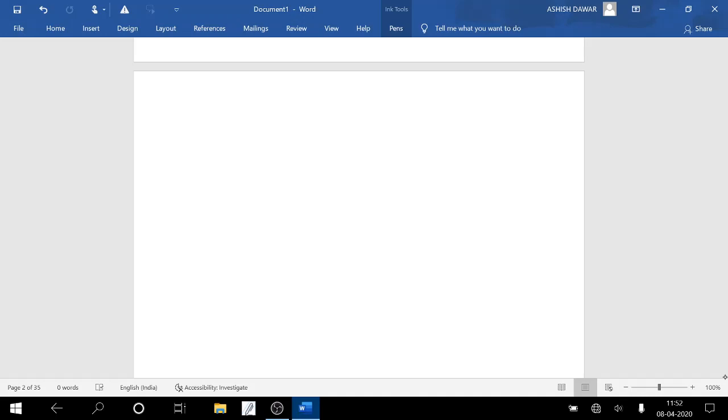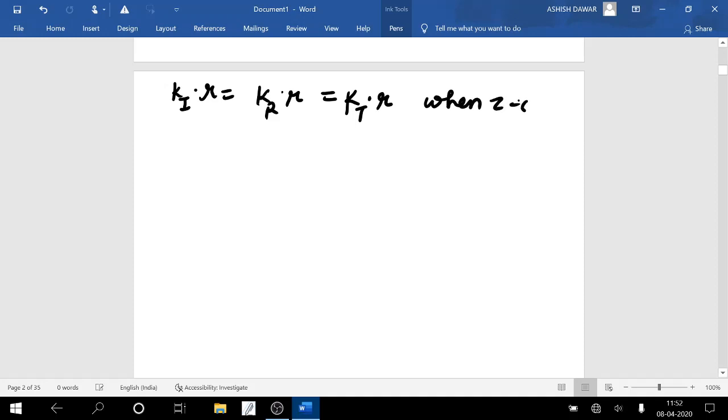The time factors are already equal, so for the spatial terms we have ki dot r equals kr dot r equals kt dot r when z equals 0, for all x and y. This equation can only hold if the components are separately equal.